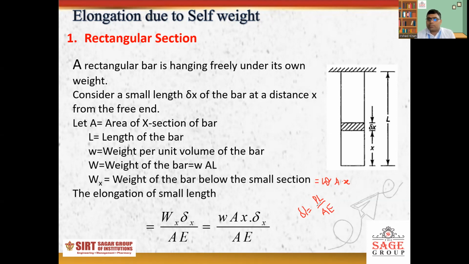Here, instead of P, Wx is the weight of the bar below the small length, and del x is simply the length of the small section, since we are finding the elongation in the small section.